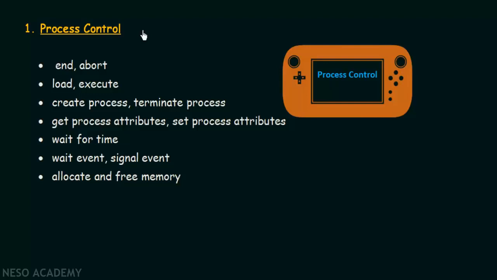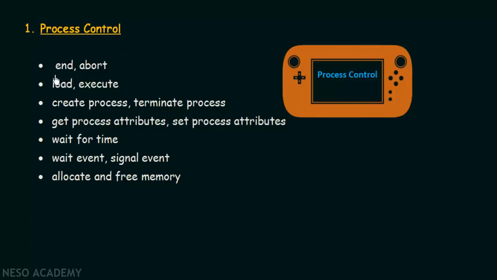By normally, what I mean is that the process should come to a halt when it completes its execution. Otherwise, there might also be errors occurring in that process. If an error occurs in the execution of a process, then that process has to be halted or aborted. So that is what we mean by halting abnormally. The system calls that are used for controlling the processes fall under this category of process control system calls.